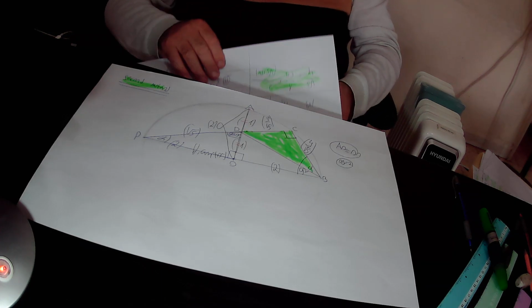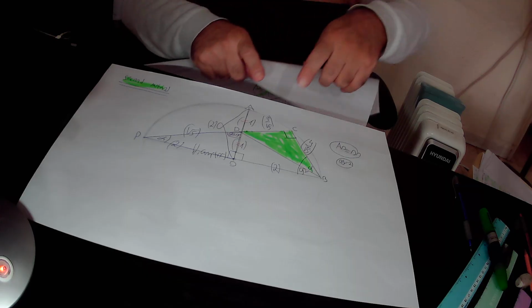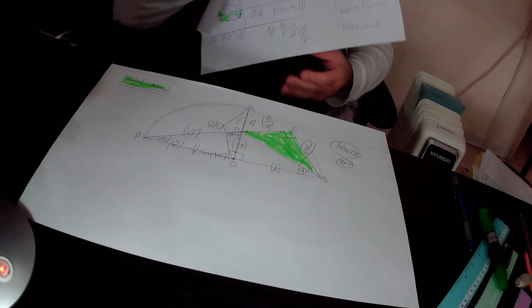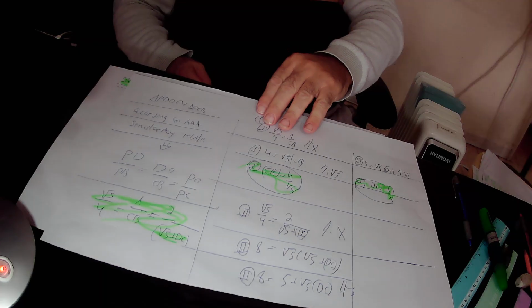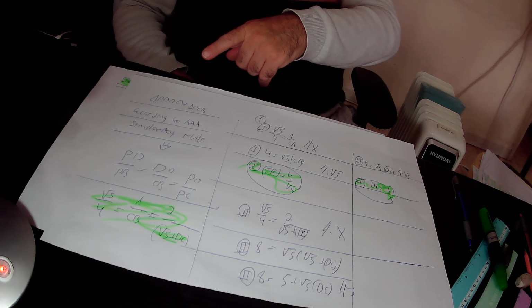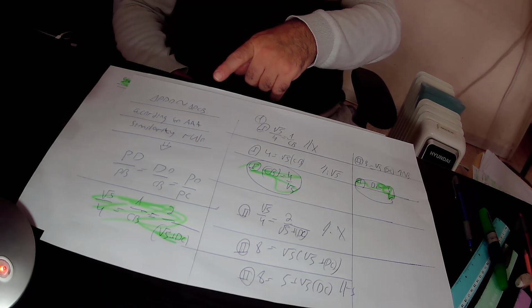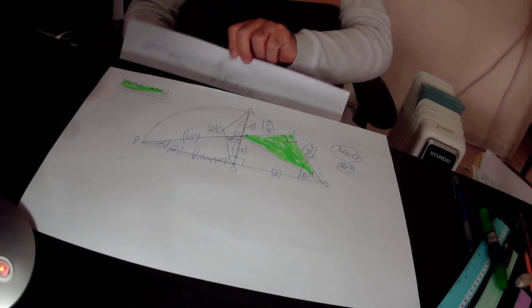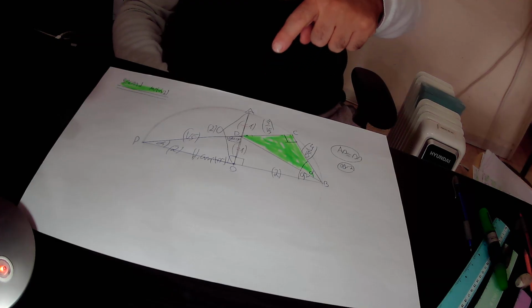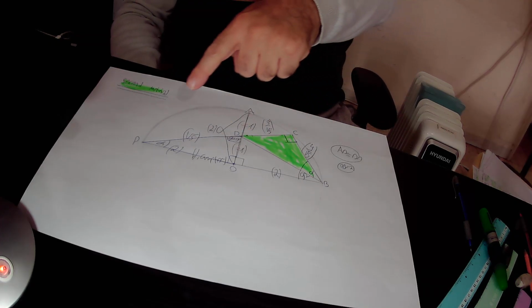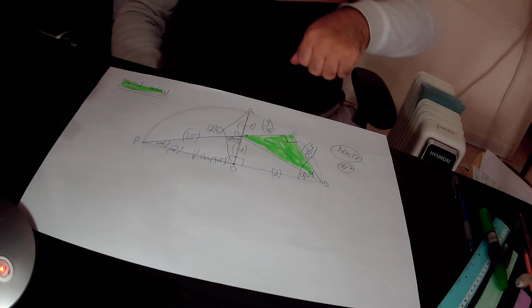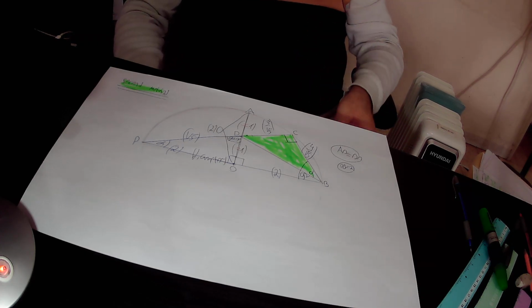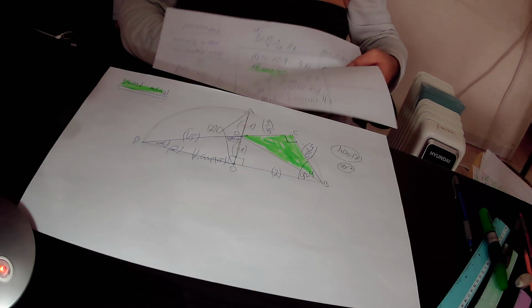Therefore, those two triangles are similar to each other according to angle similarity. The small right triangle PDO is similar to the big right triangle PCB, and from this we derive the following relationship between their sides.